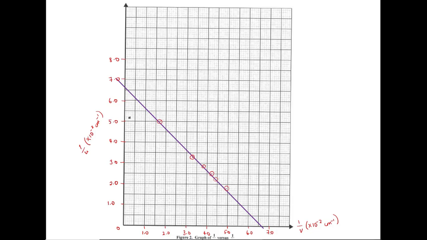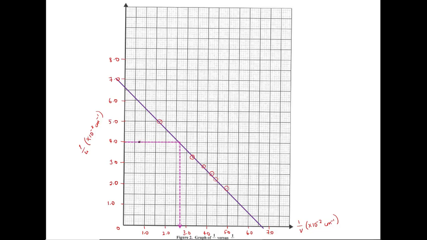So what I did is I drew my best fit line, and it's pretty much a straight line. Then I found where 4.0 times 10 to the negative 2 per centimeters was located on the y-axis, which represents 1 over u. And then I found the coordinate that corresponds to where it touches the line.